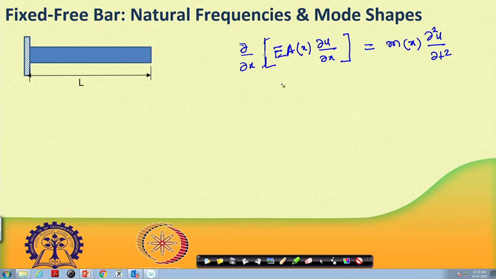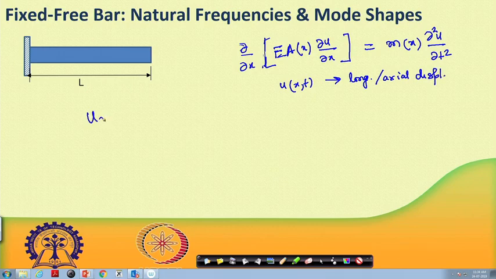Here u(x,t) is the longitudinal or axial displacement, which is the unknown and needs to be figured out.